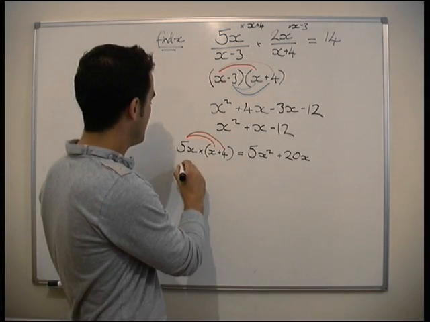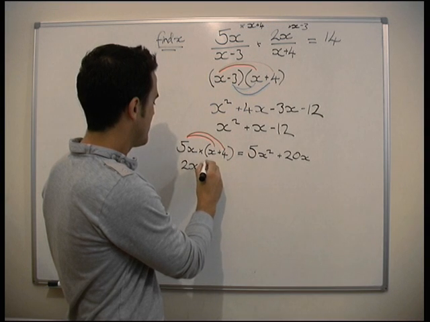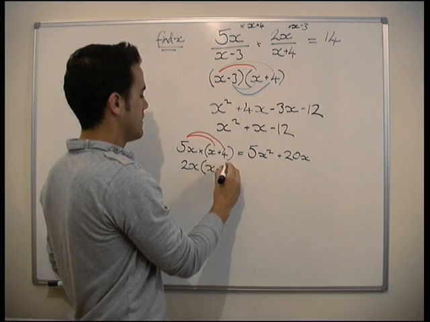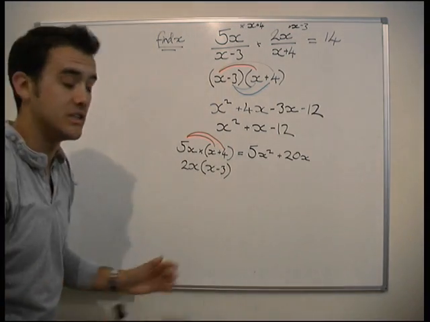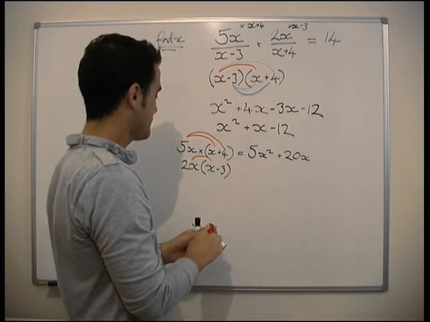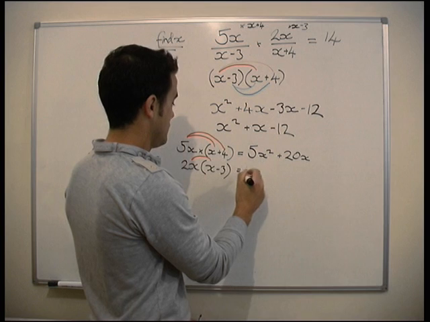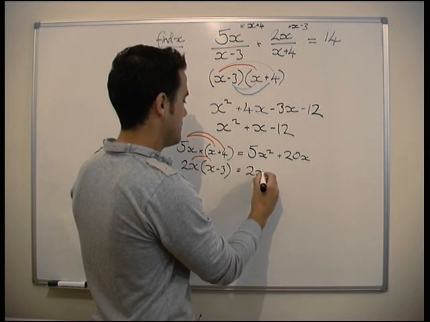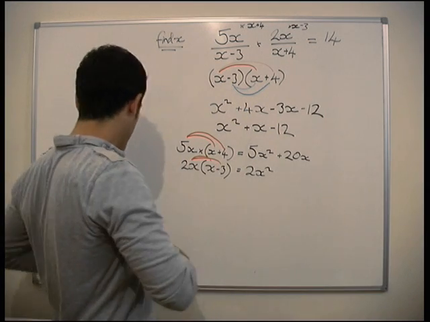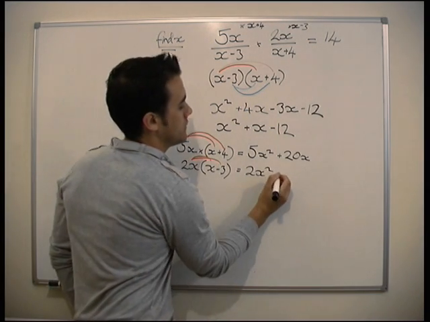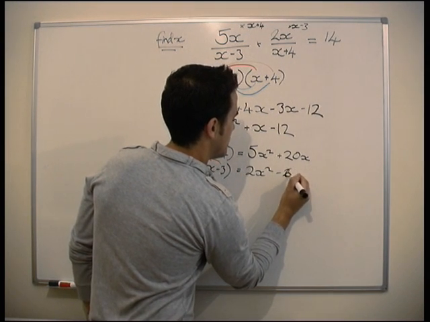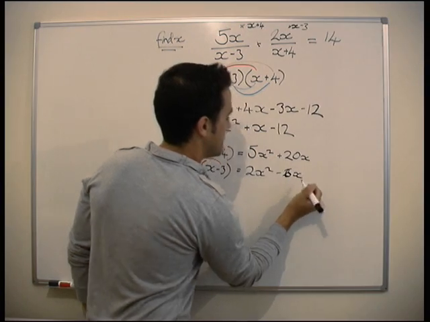Okay. Now we're going to do this one. We're going to do 2x times x minus 3. Notice I didn't bother writing the times on this time, you don't actually need to. So we're going to do 2x times x. It's going to give us 2x squared. And now we're going to do 2x times minus 3 this time, so it's going to give us minus 6x.